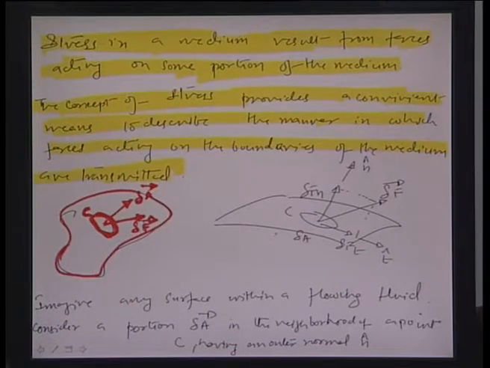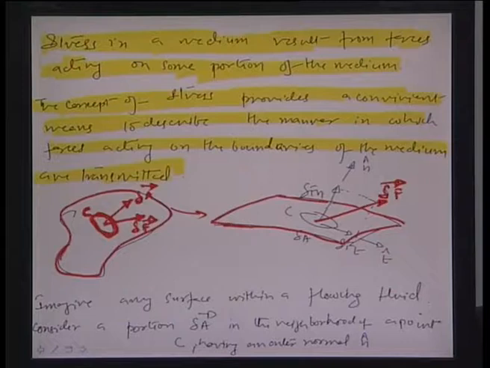So, if we imagine any surface within the flowing fluid, this surface, let us say, is a part of this whole control volume as has been illustrated here. Okay. And we also assume that this delta F, which is at a certain angle with the area vector, can be resolved into a normal component which is in the direction of the normal vector.